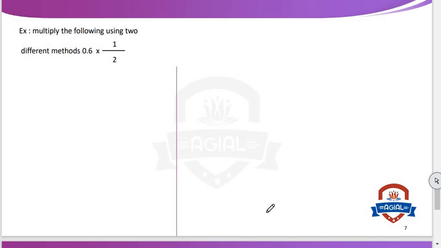Now, multiply the following using two different methods. 0.6 multiply half. Here we can use two methods. At first, convert this decimal number to a fraction and multiply two fractions. Or another way: I will convert this half to a decimal and multiply two decimal numbers like lesson number 4.